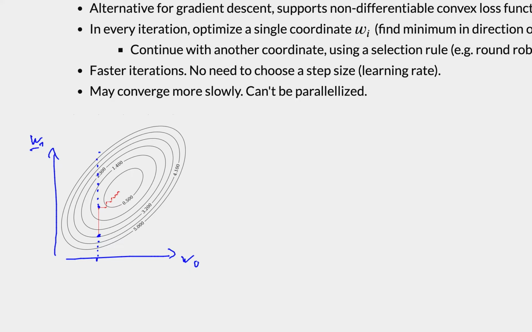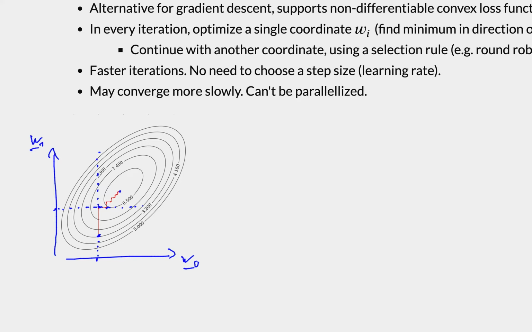After that, we will find the optimal value for W0, given that we have W1 set to this value, so we find this function. And we keep doing that until we find the optimal solution.